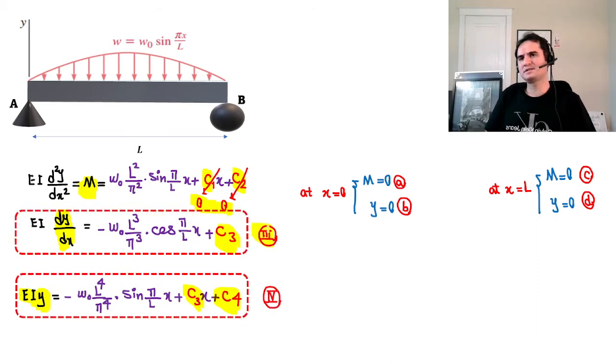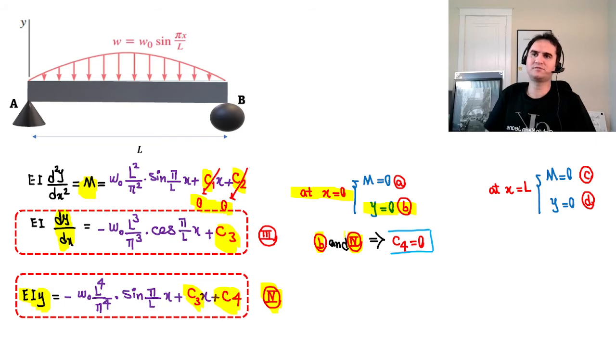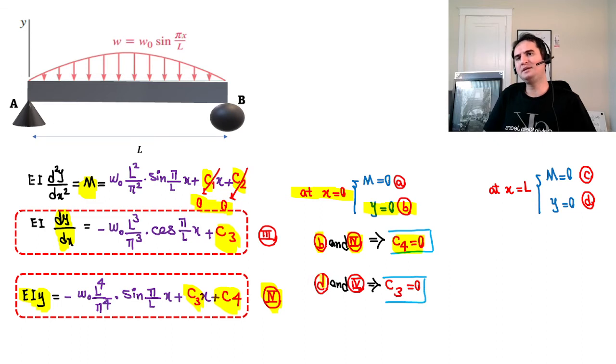If we call these two equations 3 and 4, applying A and 4, so that's A at x equal to 0, y is equal to 0. By replacing x equal to 0 in this equation, we get C4 equals 0, and at the same time, B and 4.